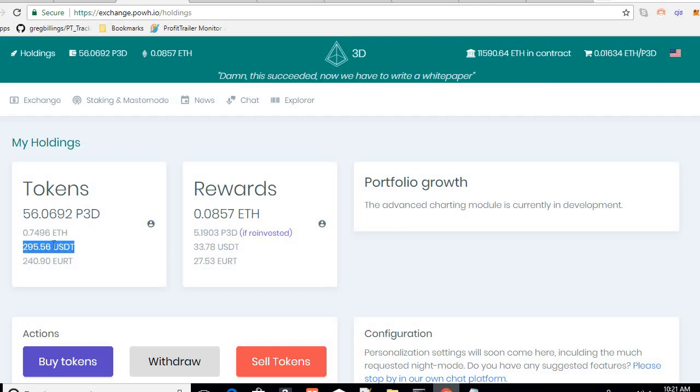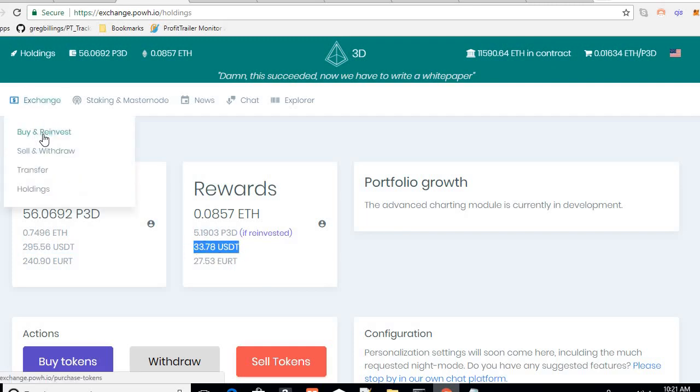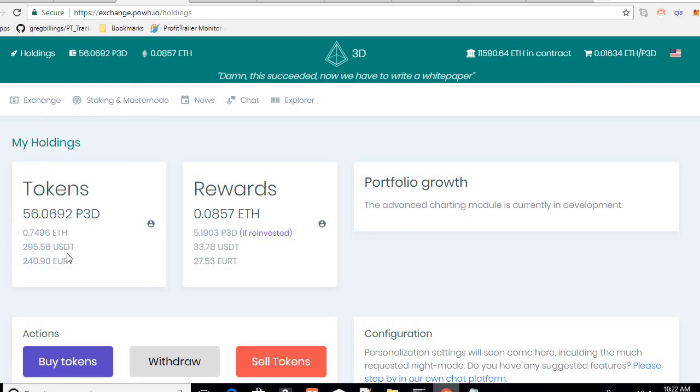So my investment has also grown to almost $300, and I have $33. Now you can take this and reinvest. So I can take this and invest back here and buy 5 more tokens, and so I can get more percentage profit.